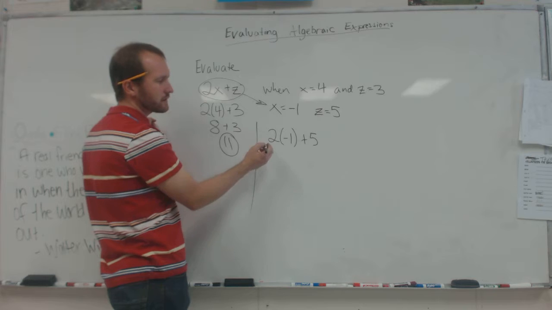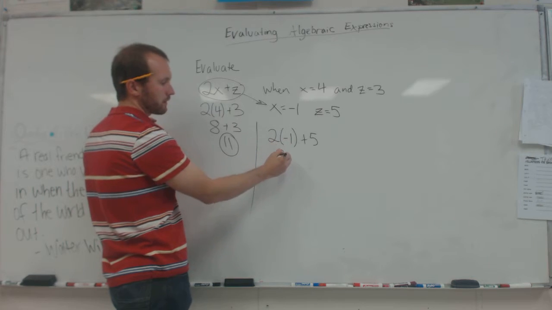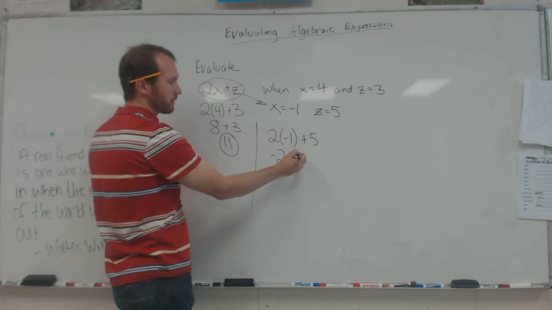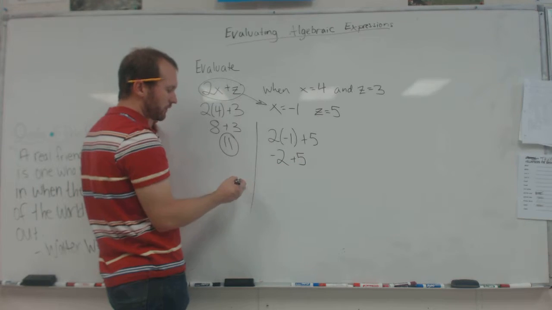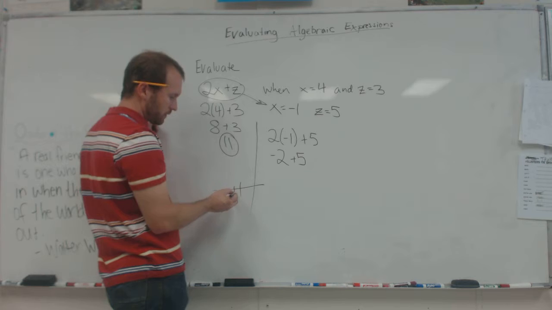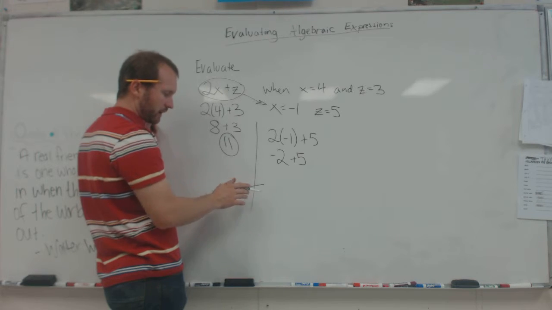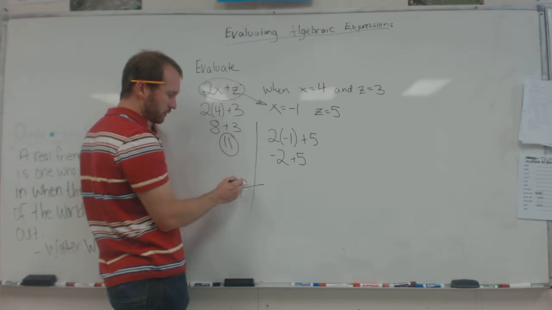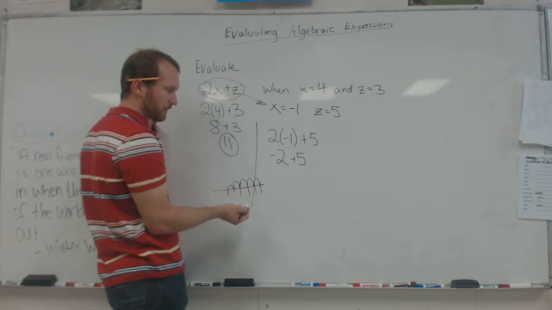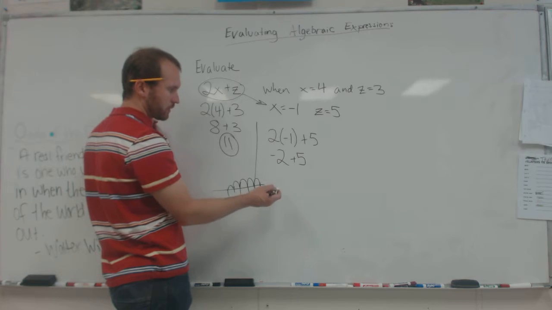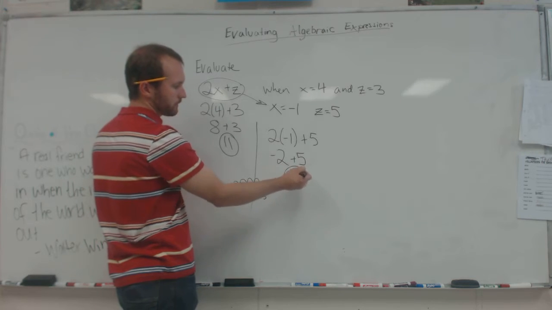Negative times a positive is a? Negative. Good. Negative 2 plus 5. So I'm over here at negative 2. I'm going to go 5 that way. 1, 2, 3, 4, 5. What number is that? Yeah, here's 0, 1, 2. So this is a 3.